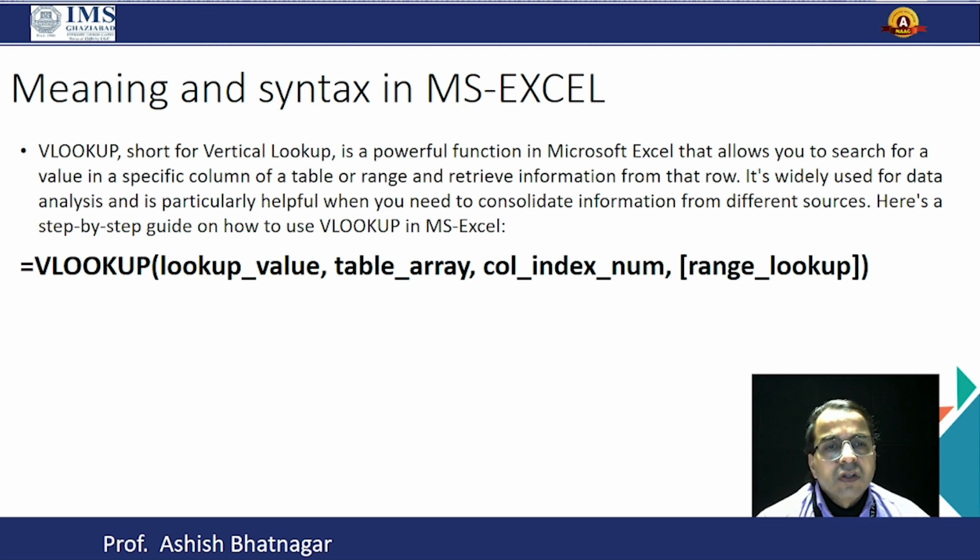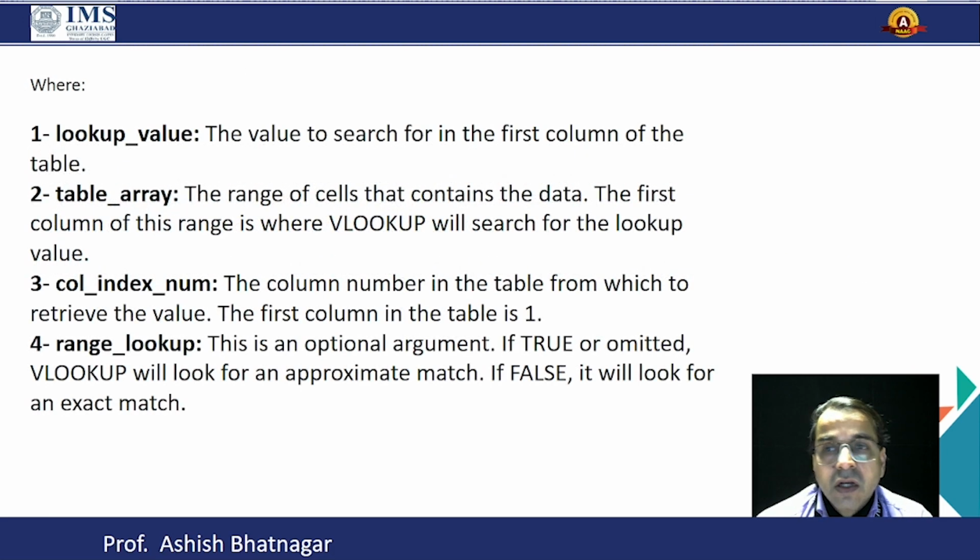The fourth argument is the range lookup. Range lookup means whether you want to fetch the exact value or the approximate value. So these are the arguments: the lookup value is the value to be searched for in the first column of the table. Table array is the range of cells that contains the data. The first column of this range is where VLOOKUP will search for the lookup value.